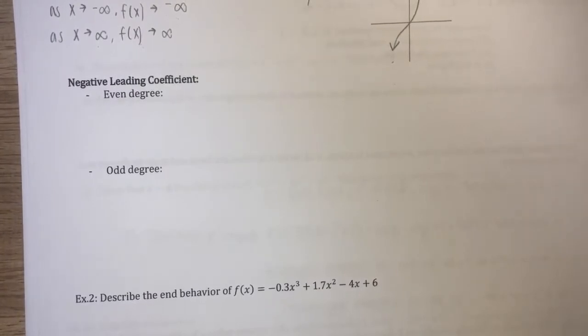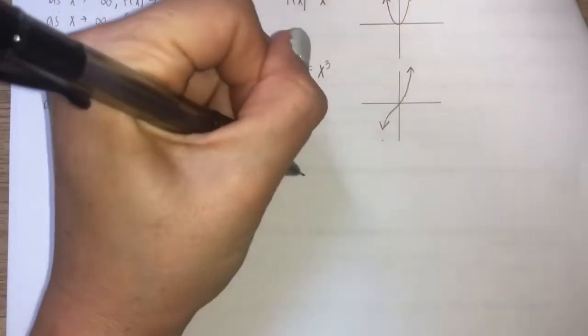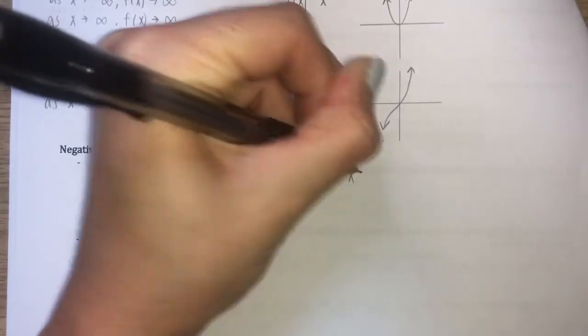And then for a negative leading coefficient of an even degree, it's similar to f of x equals x squared, but if I have a negative leading coefficient, I'm going to use my example of f of x equals negative x squared.